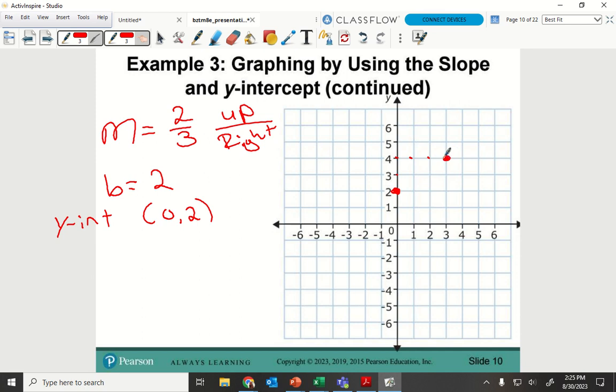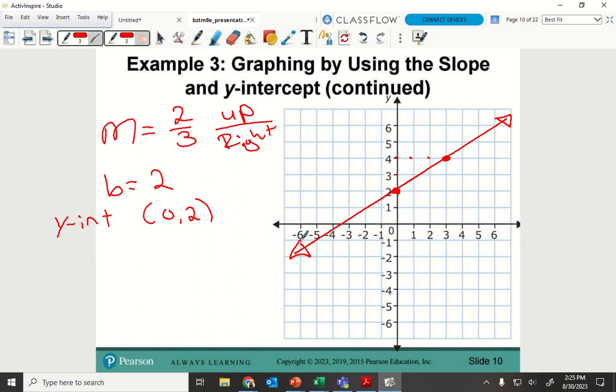There's my point. So now, in between my 2 points, I do what? Una línea. Draw a line. All right, I'm going to get it this time. There we go. Look at that. Beauty, eh?